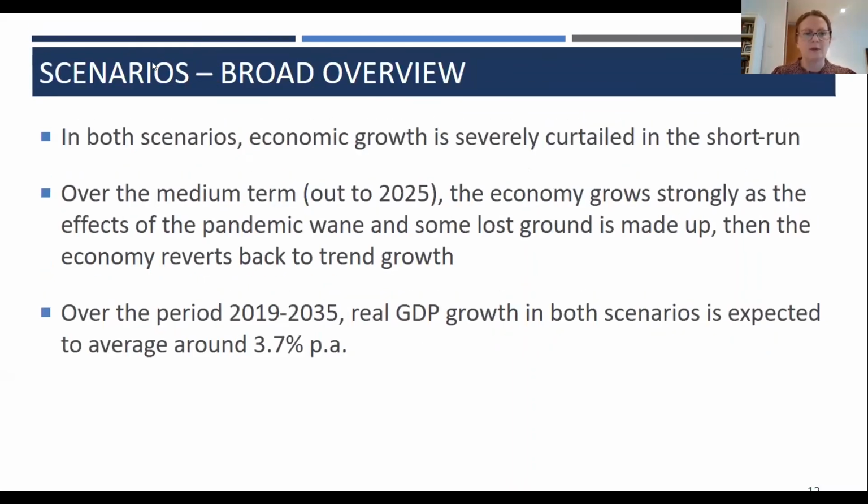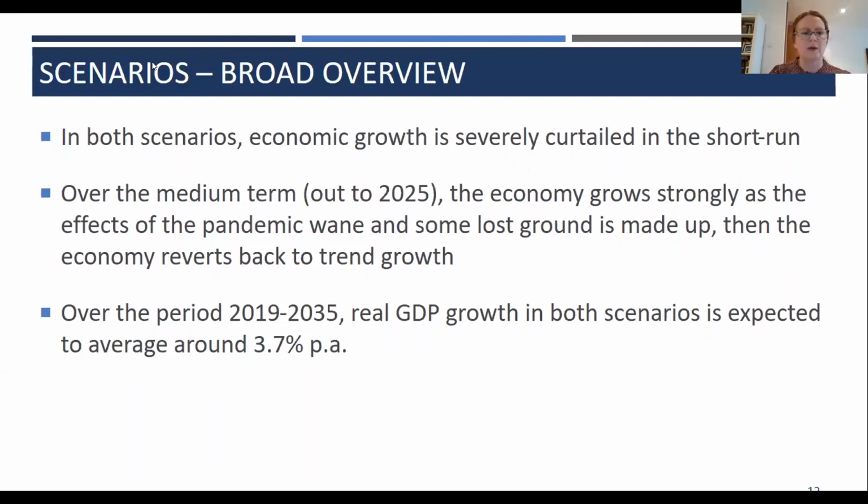So in both scenarios, growth is severely curtailed in the short run. Over the more medium term, out to 2025, the economy grows quite strongly as the effects of the pandemic wane and some lost ground is made up, and then the economy reverts back to trend growth.